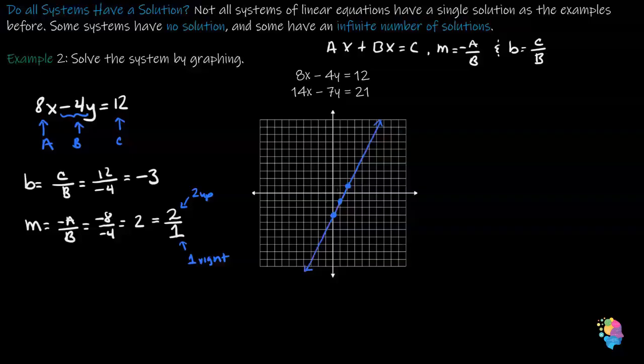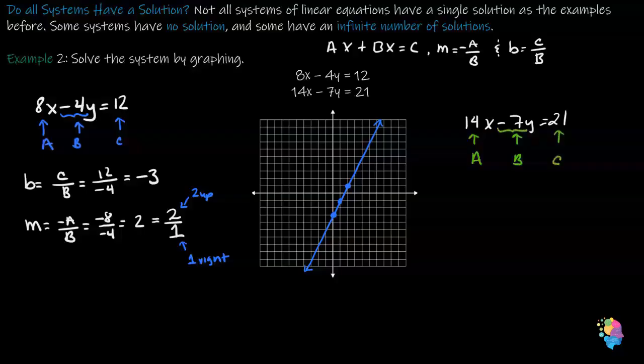Now, we're not done. Remember, we still need to bring our second equation, that is 14x minus 7y is equal to 21. And we find our A to be 14, our B to be minus 7, and our C to be 21.